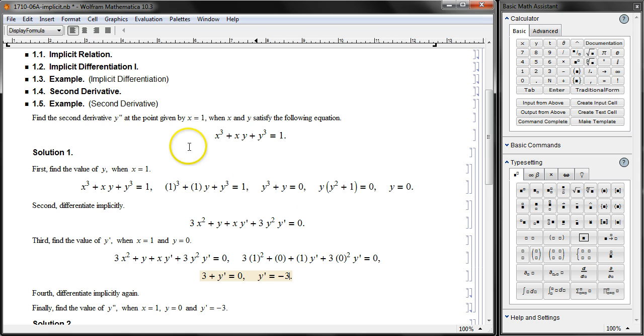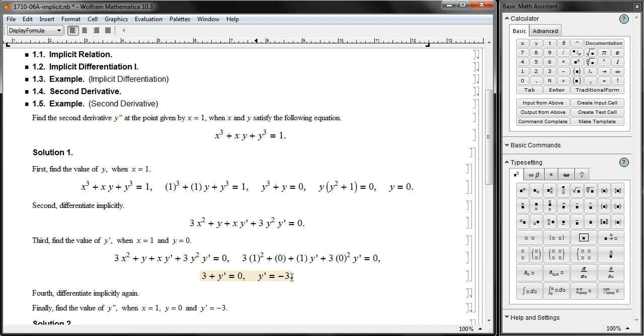So what do we have? x equal to 1, y equal to 0, and y prime is negative 3. What are we looking for? We are looking for the second derivative, and starting from the original x, original y, and then we got y prime, gradually we are getting closer and closer.